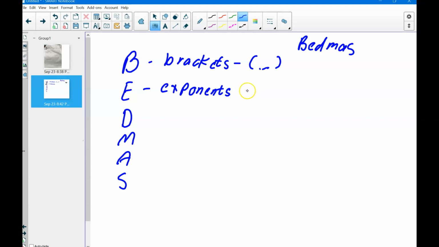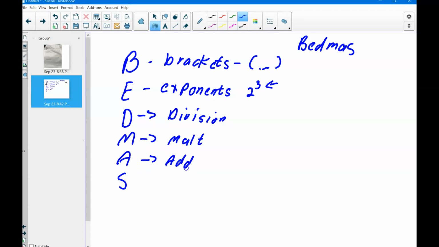The next thing that has to be done, in this exact order, is the exponents. That means if you have something like 2 to the power of 3, anything with a little exponent up there has to be done next. Then it's division, and then multiplication. Then finally it's addition, and finally subtraction.